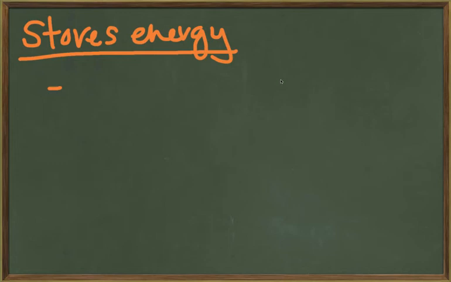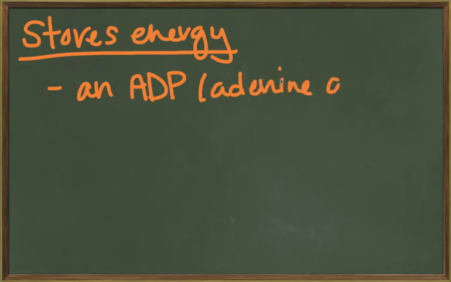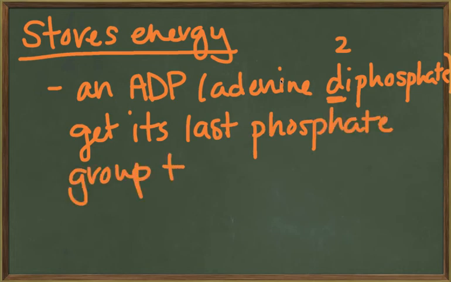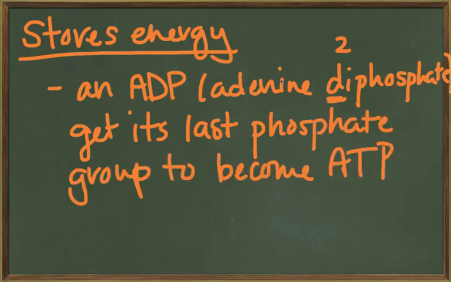So how it stores it: an adenine diphosphate, so adenine di means I only have 2 phosphates instead of the 3 I need, and I'll spell that out. Adenine diphosphate, which di means 2, gets its last phosphate group to become ATP, adenine triphosphate.